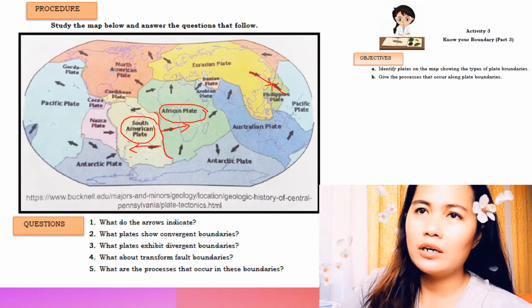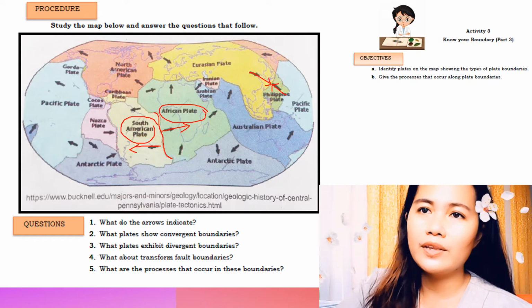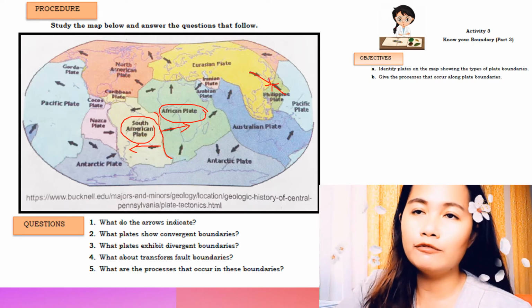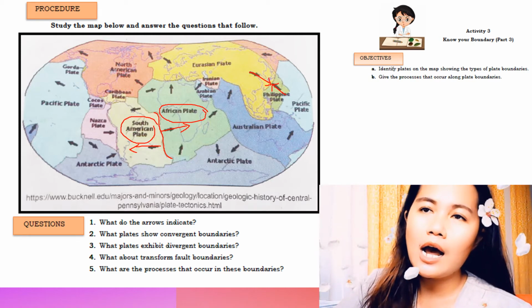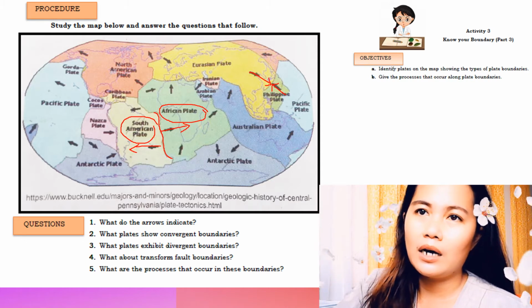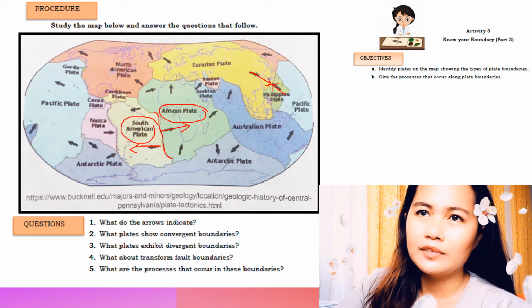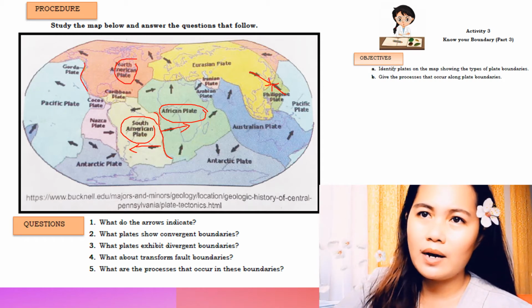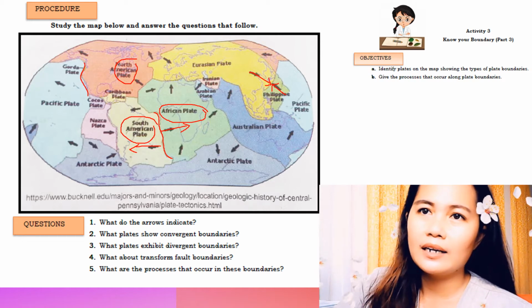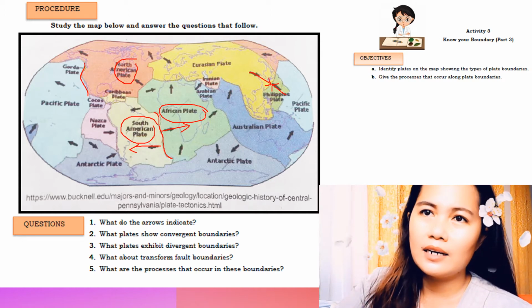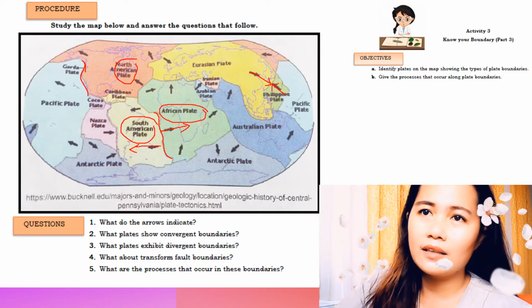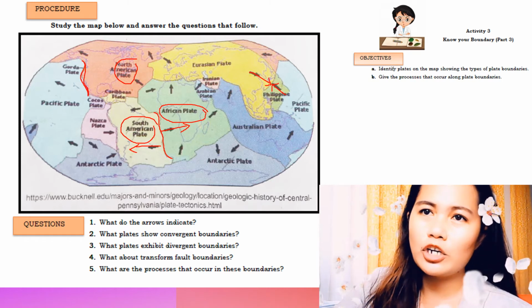This figure or this map does not show it, pero there is a very famous transform fault boundary on the side of America, on the west coast of America. Daplin si North American plate, kaning nagatubang sa Pacific Ocean. This is a site of transform fault boundary.